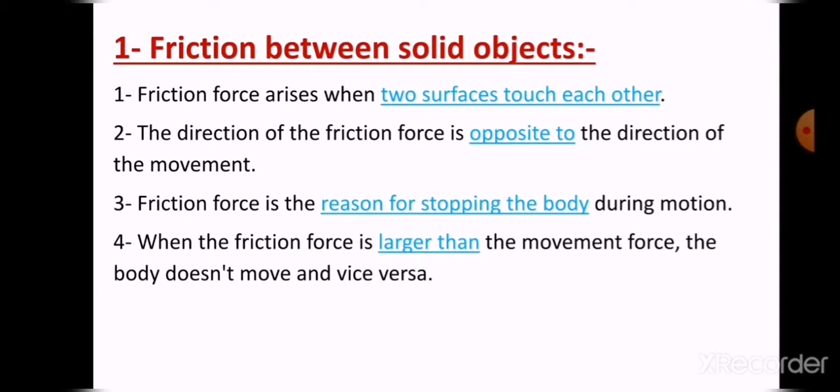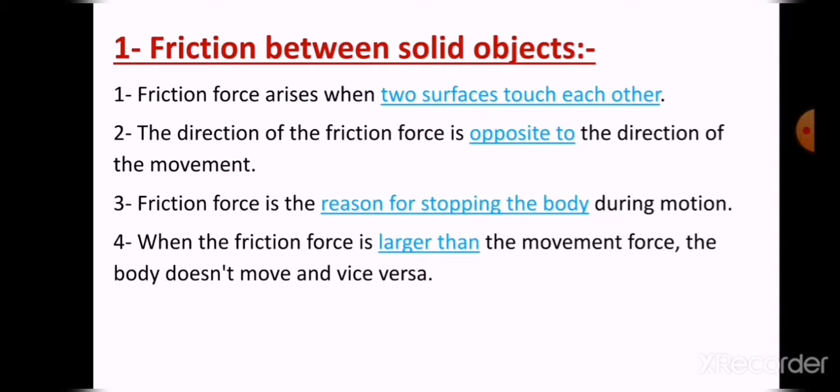Let's start with number one, the friction between solid objects, like any two solid objects touching each other. Like when you ride a bike and push its pedal, then stop pedaling during the movement of the bike.